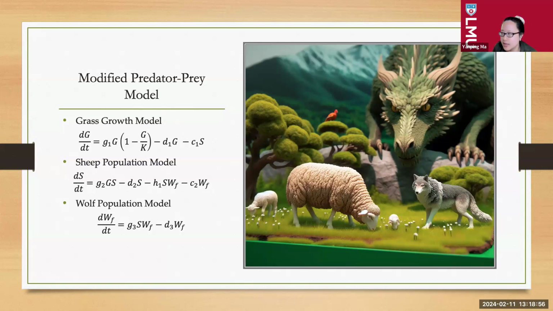We can have pig, we can have other types of animals, then we can have a competition. We try to keep it as simple as possible. And the easiest one to have is the predator-prey model if we only have sheep and wolf, and we build our dragon in. So we modify our predator-prey model a little bit, and then we can kick our dragon in.